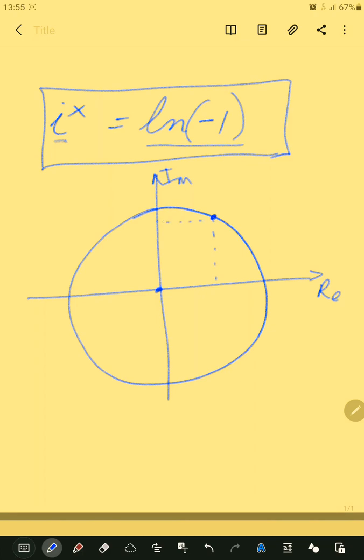So if we draw a line and call that angle alpha, our complex number will simply be the cosine of alpha plus i times the sine of alpha, because it's a unit circle and the hypotenuse here is 1. Now that's the Cartesian form of a complex number. We have a real part and an imaginary part. So how do we go to the polar form?